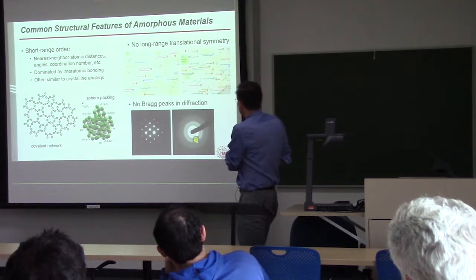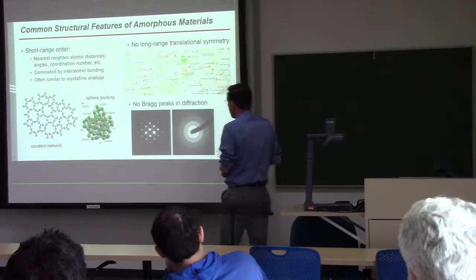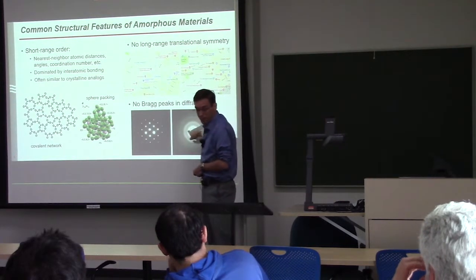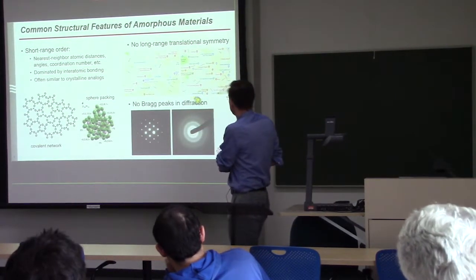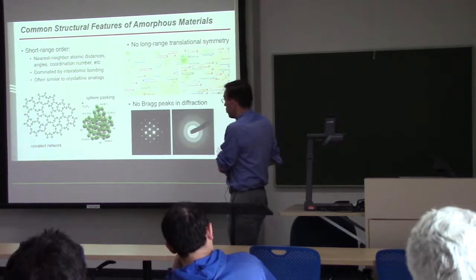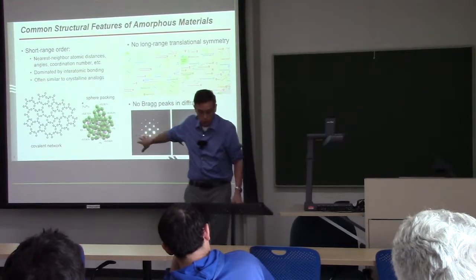And you'll find that there's a modulation in the intensity that has to do with the local order. Understanding and describing the structure of these materials is challenging because we have to extract information from this type of experiment. We'll talk about that.